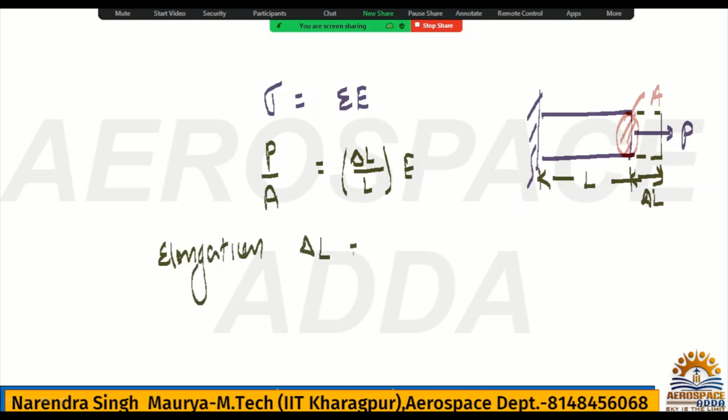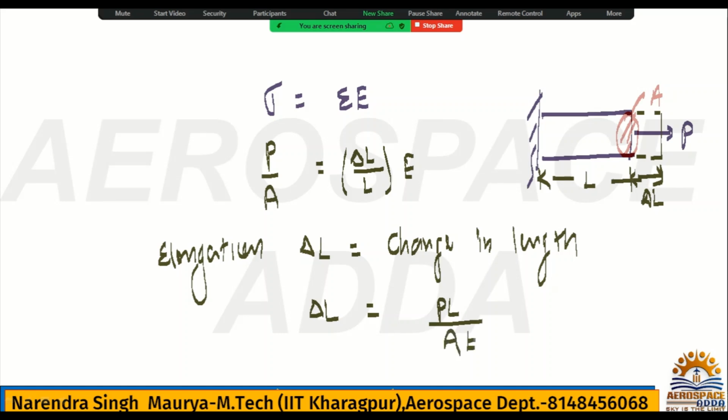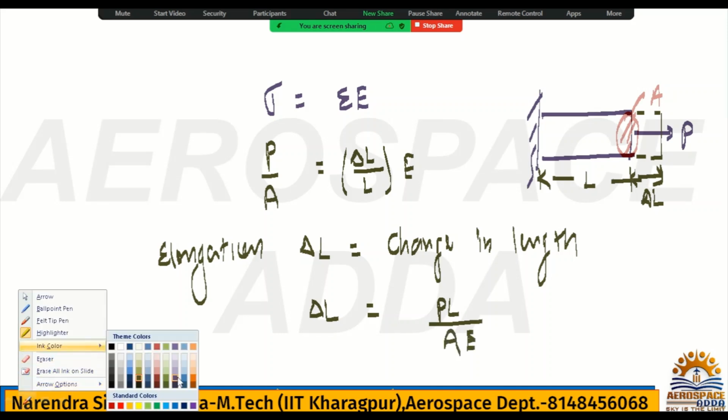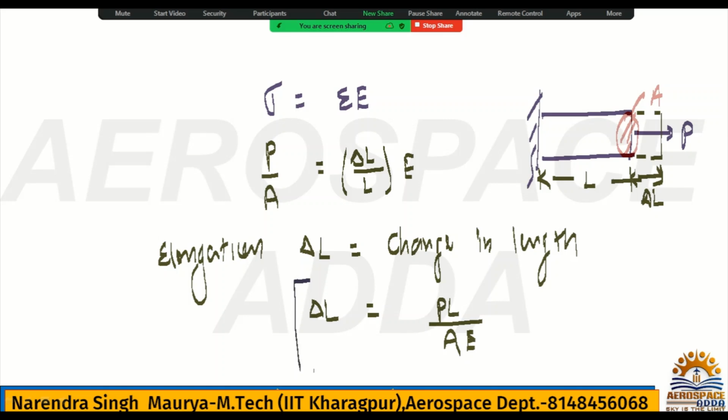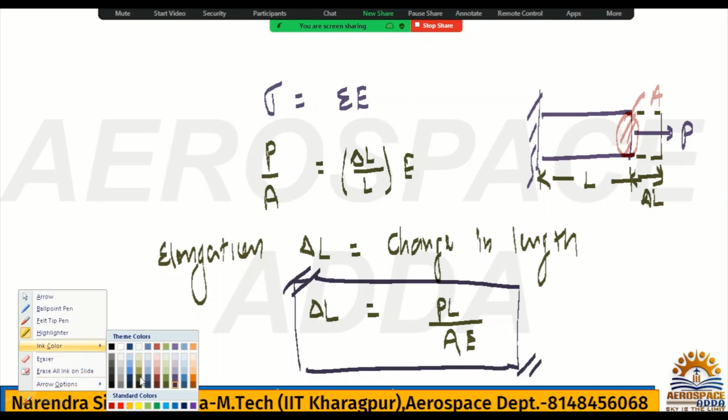What is the elongation? Elongation means change in length. So what is the delta L elongation? It's nothing but PL by AE. You always remember, for any prismatic bar, if you apply load P, the change in length is nothing but PL by AE. What is A? A is the cross section area.